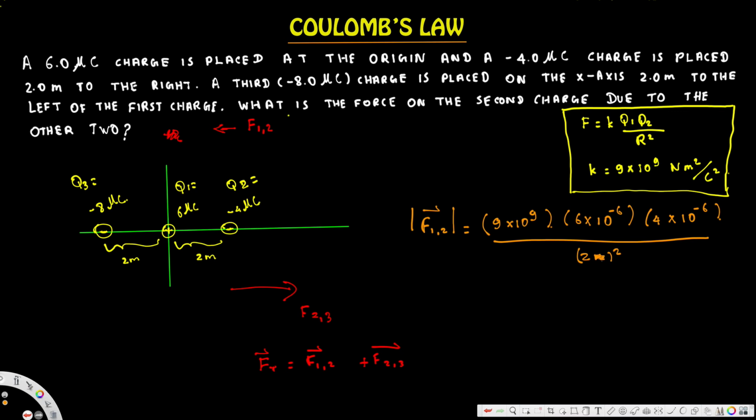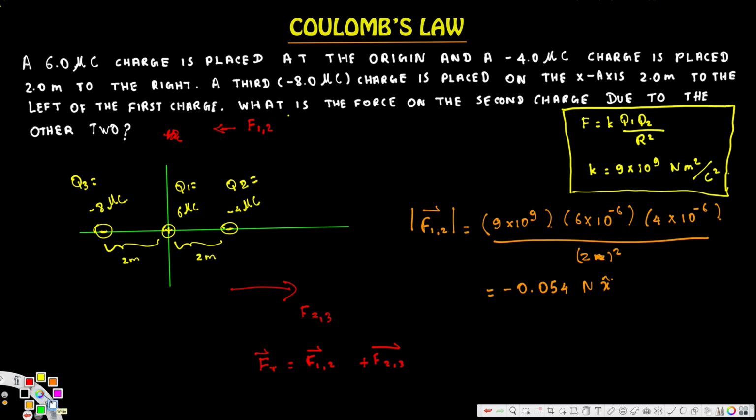Let's avoid the units for now. If you calculate this, you get 0.054 Newton. You can see this F12 is in the negative x direction, so we have to put a negative sign right here.